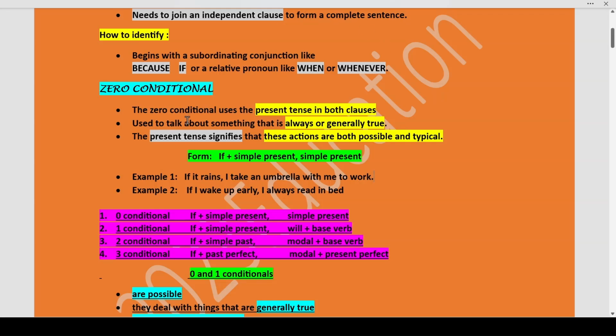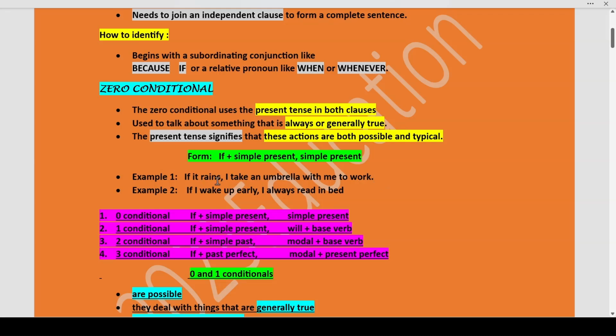Now, what is the form of zero conditional? The first clause will have if plus the simple present tense, followed by the independent clause in the simple present tense. Like for example, if it rains is the first clause, I take an umbrella with me to work is the second clause.